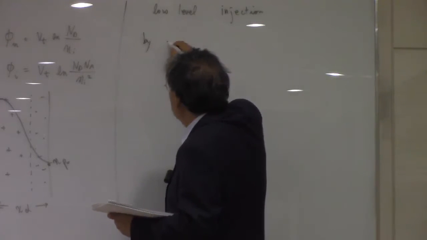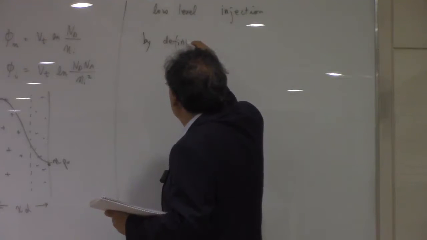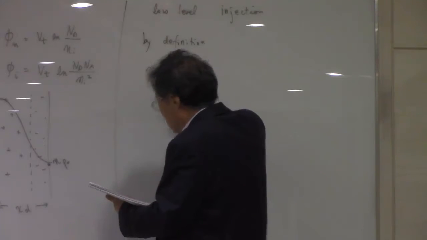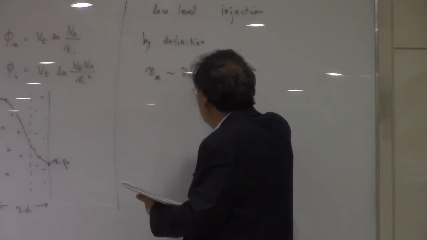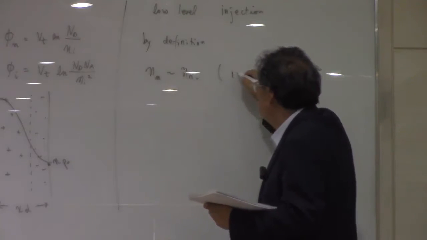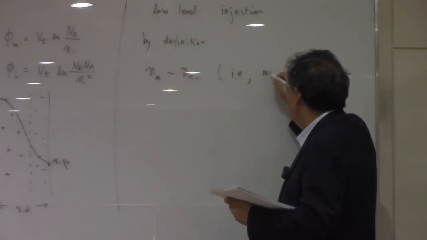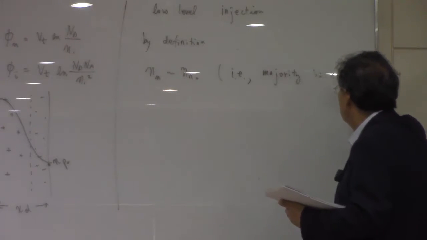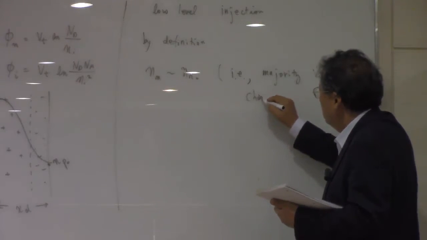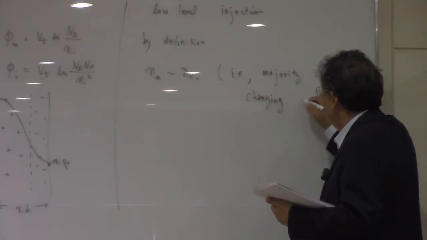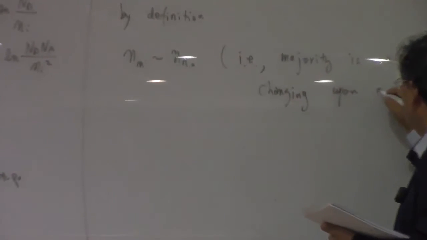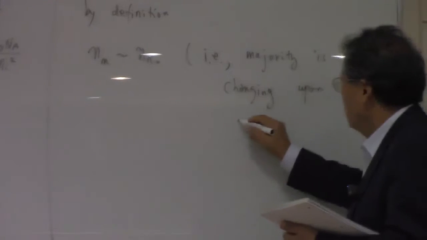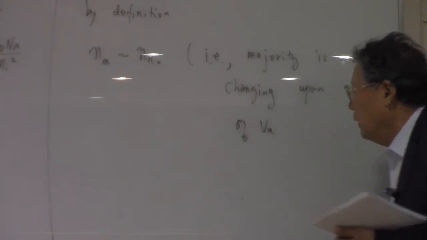By definition, low-level injection means n is almost the same as n0, which means the majority carrier is not changing upon application of voltage Va.